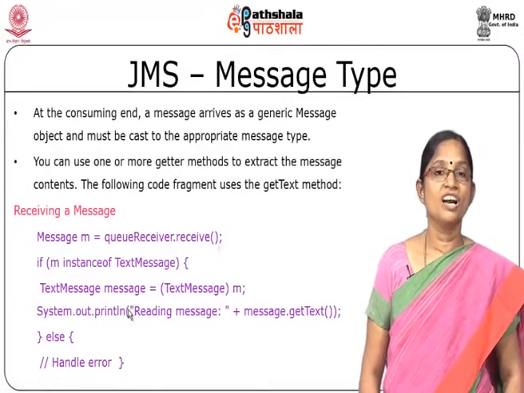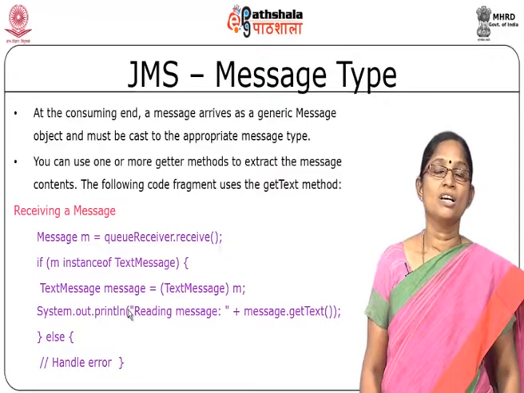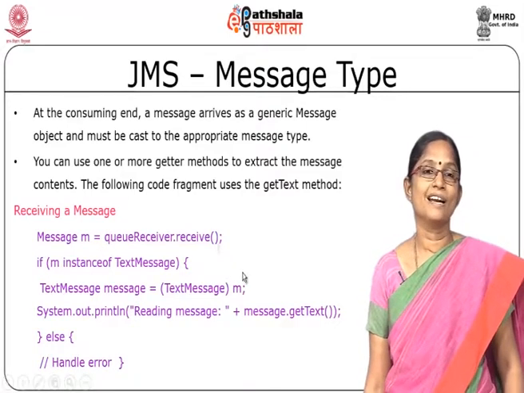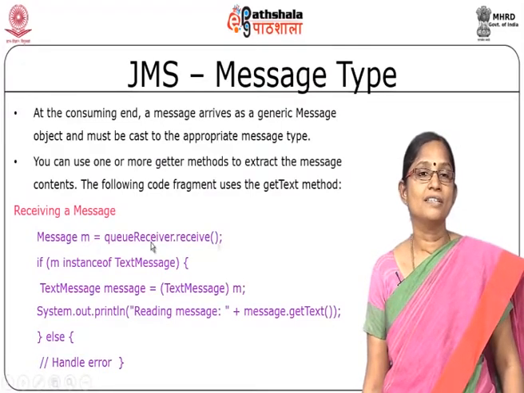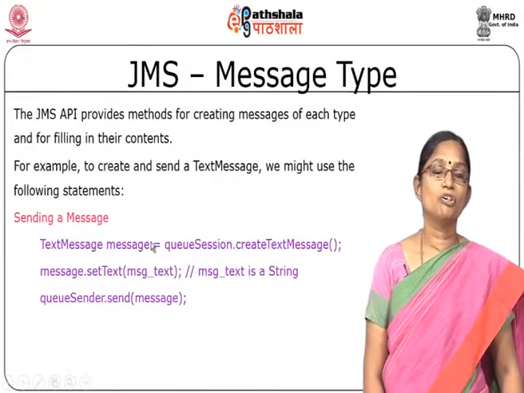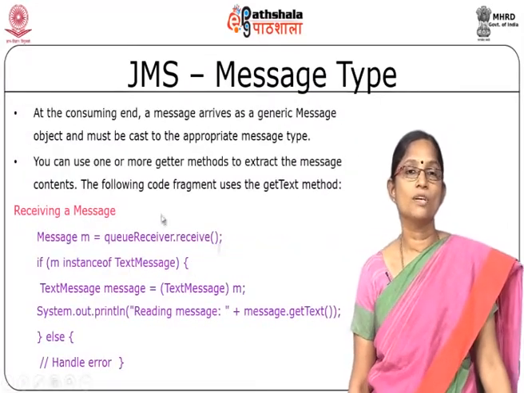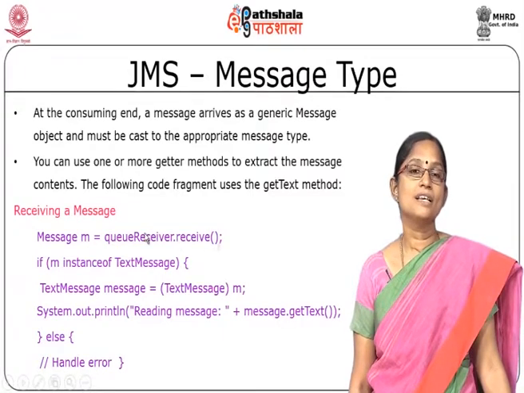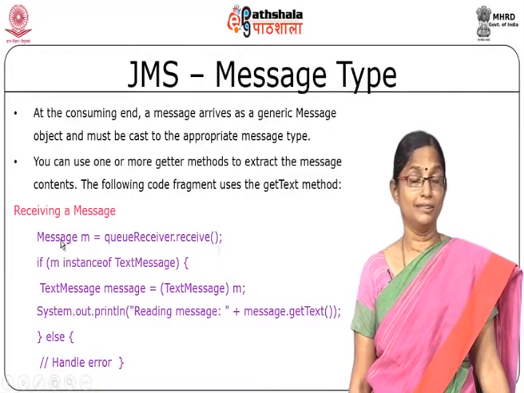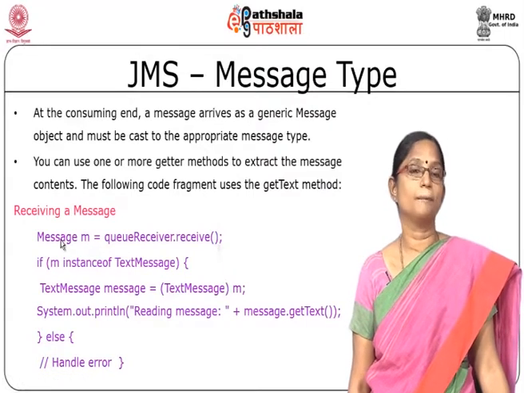Similarly, we can see how to receive the message also. At the consuming end, the message arrives as a generic message, then it has to be cast to the appropriate message type. So, here we can see that the counterpart of queue sender is going to be the queue receiver. Over the queue receiver, the receive method has to be called upon. Once the receive method has been called upon, the handle is assigned to the m variable, where the m variable belongs to the message data type.